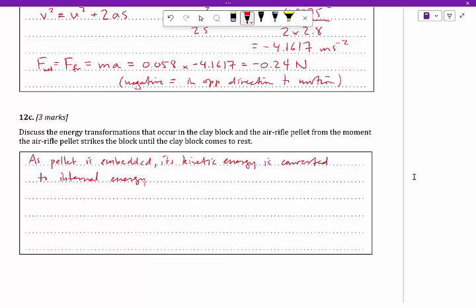That's what we call the kind of energy due to all the particles moving inside the object, which is kind of due to the heat that's been transferred. So its kinetic energy is converted to internal energy in the block and transferred to kinetic energy of the block.